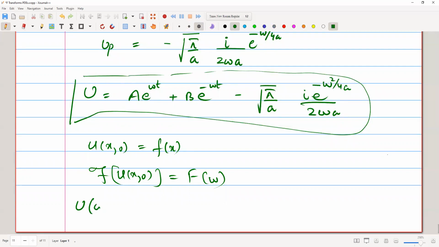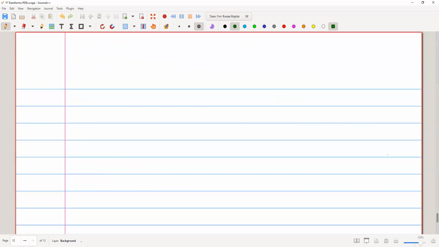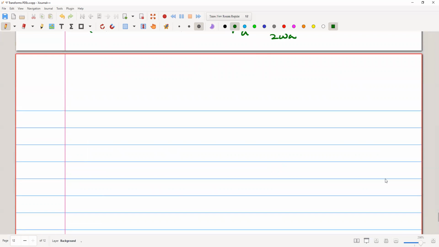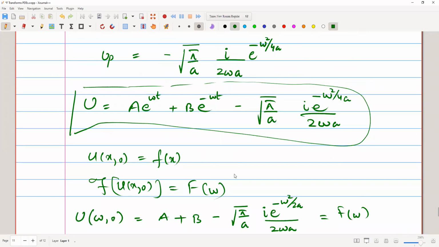So u of omega comma 0 equals a plus b negative square root of pi over a iota e to the power negative omega squared over 2a over 2 omega a equals f of omega. Now this we can say is equation 1.